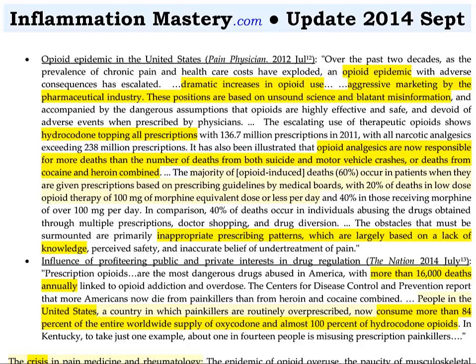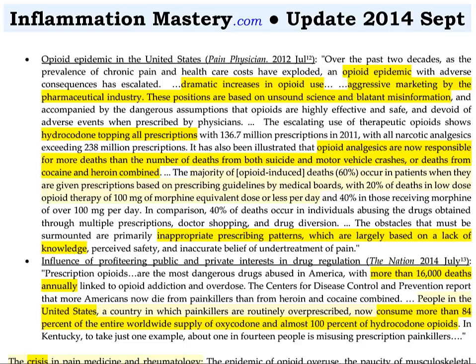By comparison, 40% of deaths occur in individuals abusing drugs obtained through multiple prescriptions, doctor shopping, and drug diversion. The obstacles that must be surmounted are primarily inappropriate prescribing patterns, which are largely based on lack of knowledge, perceived safety, and inaccurate belief of undertreatment of pain.